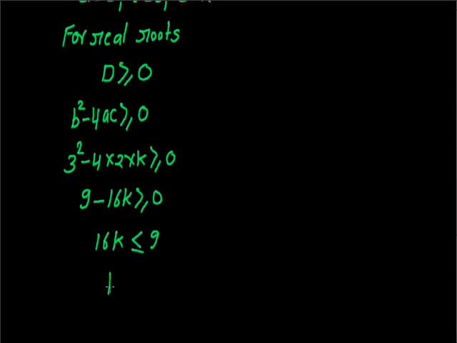Or we can write k is less than or equal to 9/16. So for values of k less than or equal to 9/16, the roots are real. That is the solution of this question.